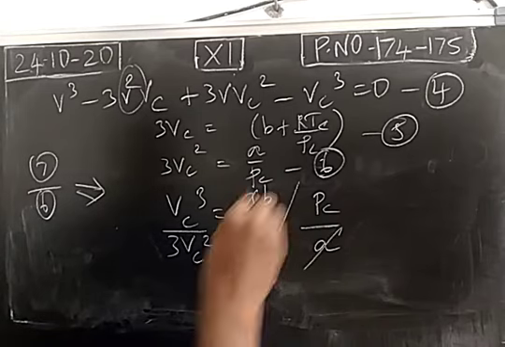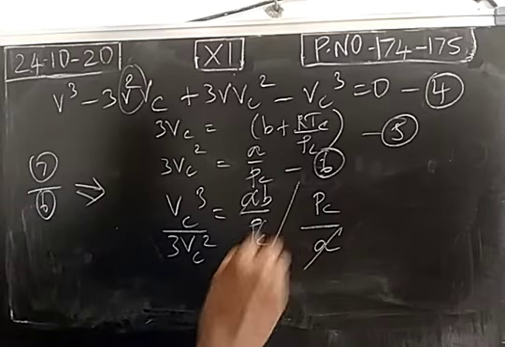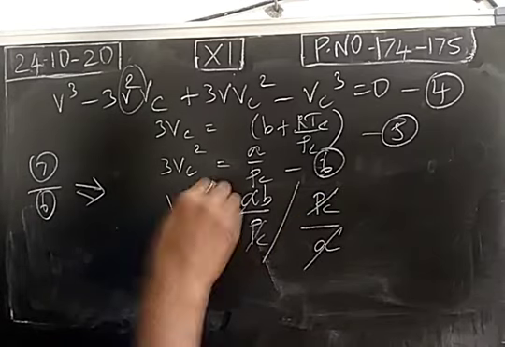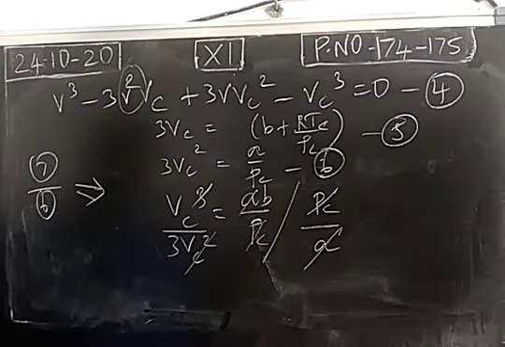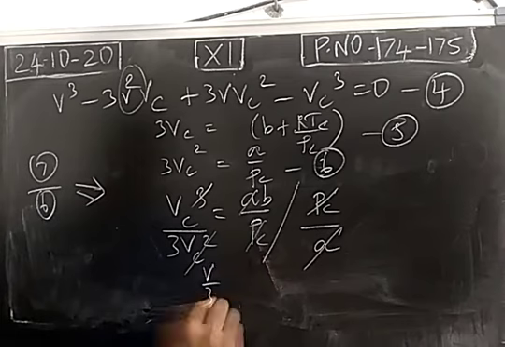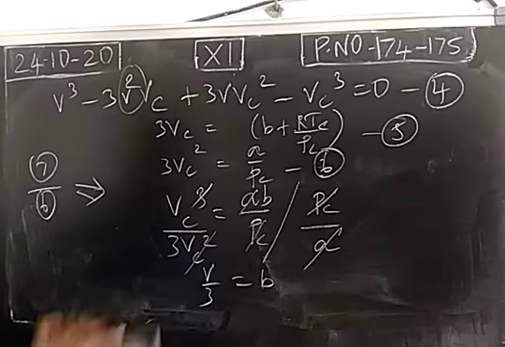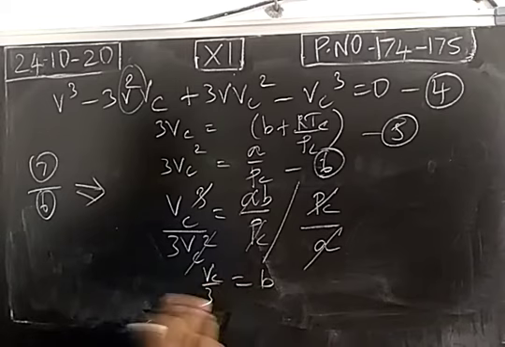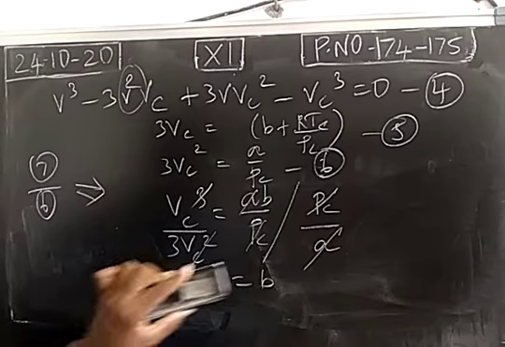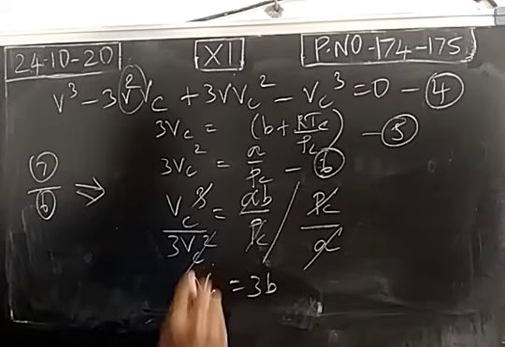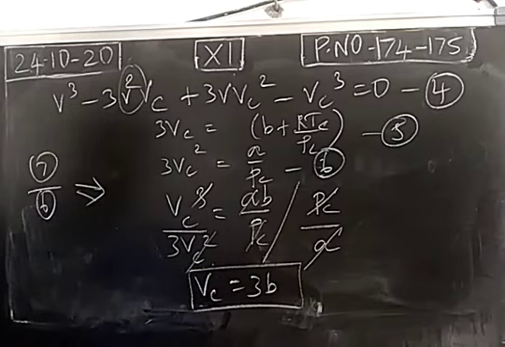So a will be cancelled, critical pressure will be cancelled, Vc will be cancelled. So remaining Vc by 3 is equal to b. So this can be written as Vc is equal to 3b. So critical volume is derived.